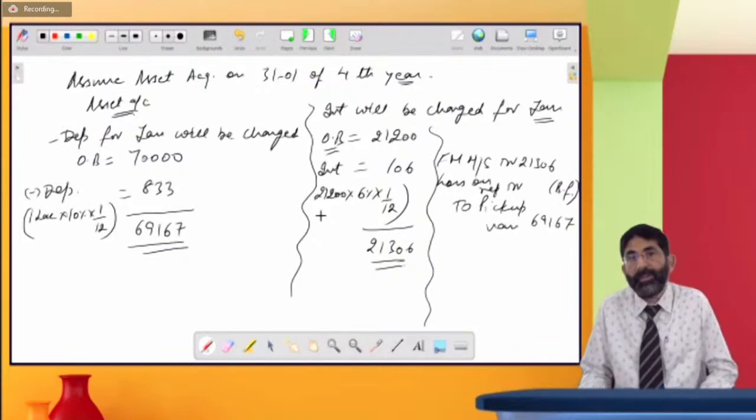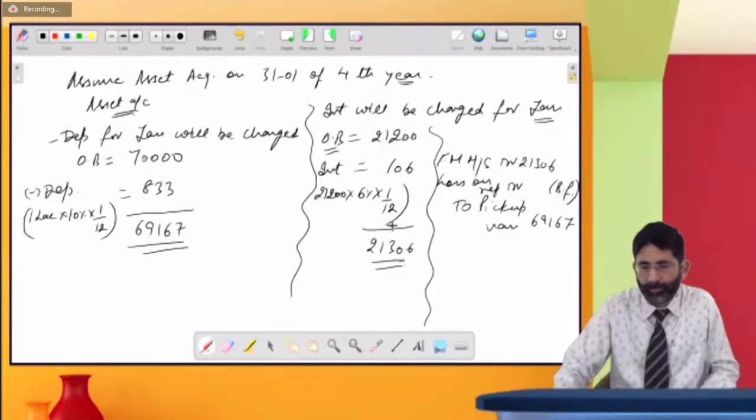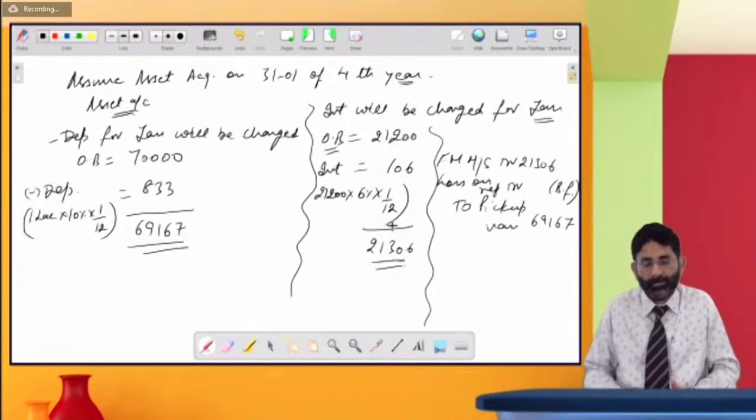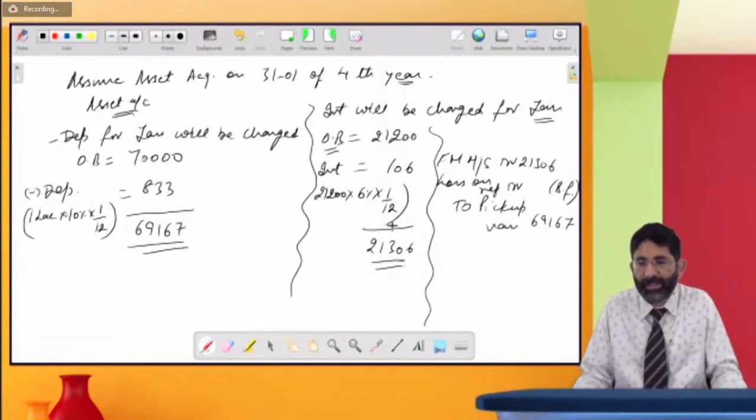Do it with me. If you will solve questions with me, you will understand each and every concept very clearly. Get the answer. How much is the loss on repossession? So whatever it is, get it and that will be your answer.